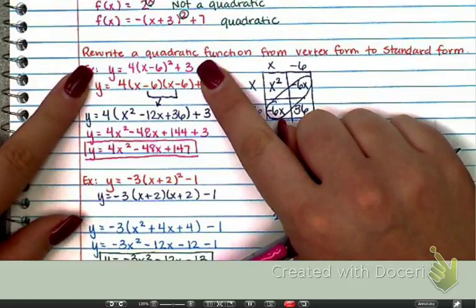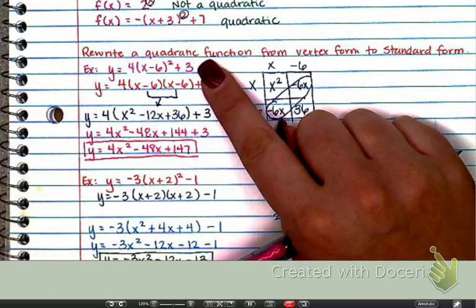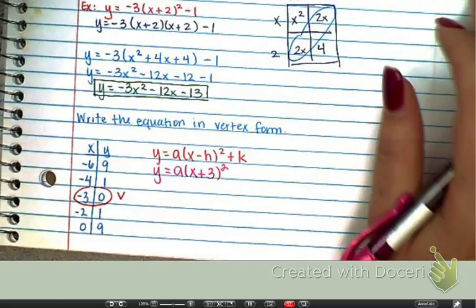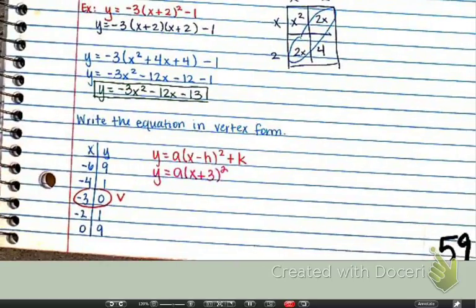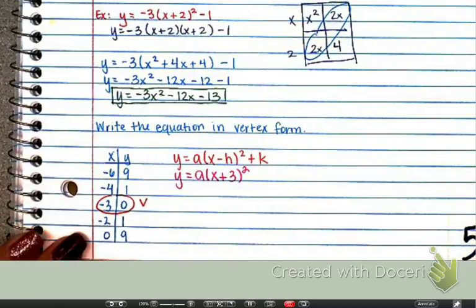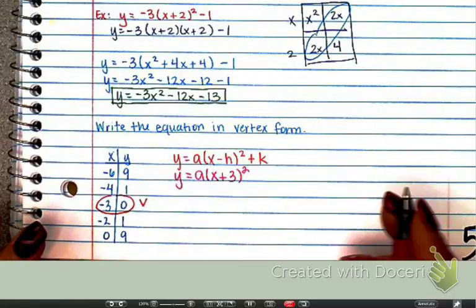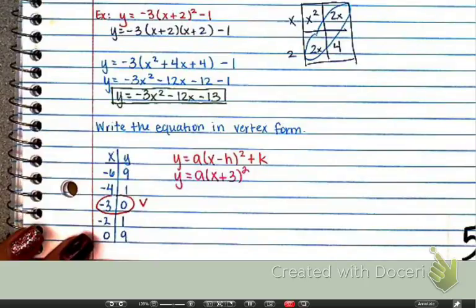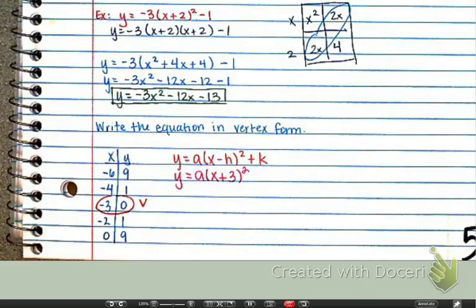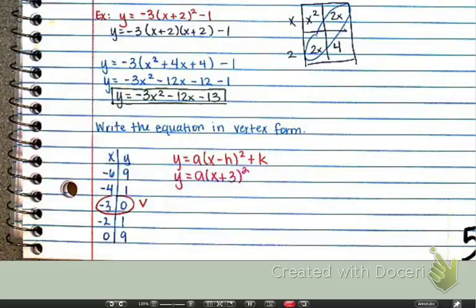Everything has a number except X and Y. So we need to find H, K, and A. Right now I have H and K, but I don't know what A is. So if you think back to IM1, when you solved equations, you had to solve for B. When you were using y equals mx plus b, you had to plug in x and y. That's just a point on your graph. So we're going to pick one of these additional points and plug it in for x and y so we can solve for A. Which point looks the easiest?